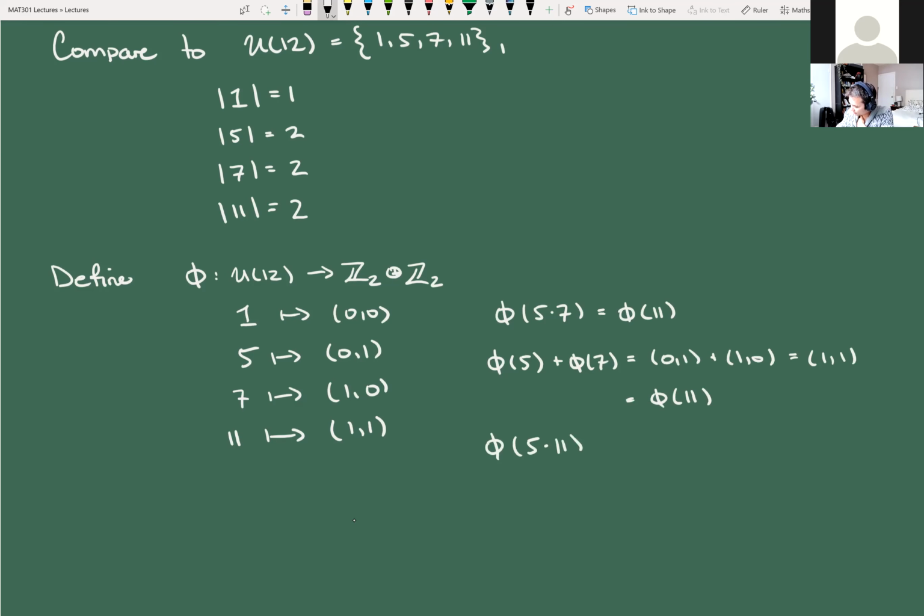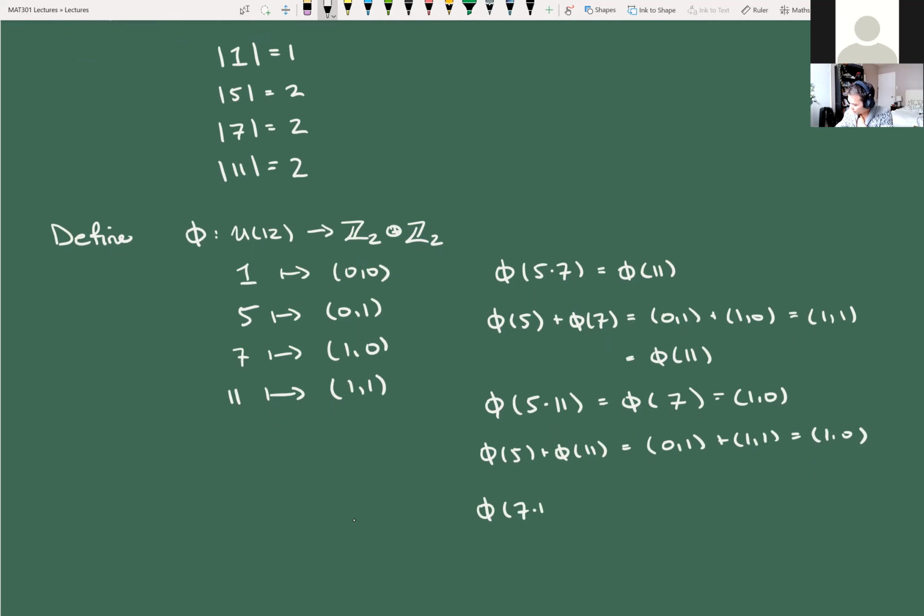5 times 11 is phi of 55, which is what, 7? I guess I should write. And that is 1, 0. And then if we were to check what phi of 5 plus phi of 11 is, we get 0, 1 plus 1, 1. And yep, that is 1, 0. Right, and let's just do the last one.